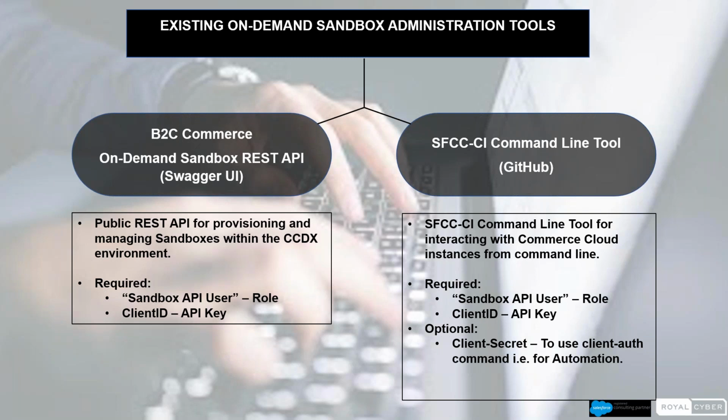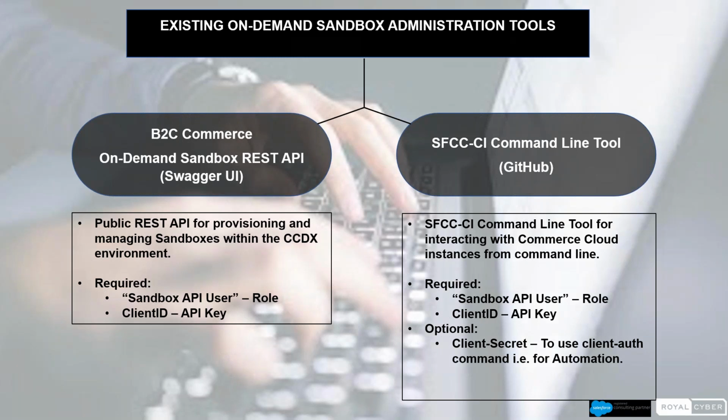It requires you to have the Sandbox API user role and the client ID or API key to log in. Once you are logged in, you should have some technical expertise or background to execute those commands, to create, update, delete sandboxes, see your credits, and perform all those operations. So these are the two existing administration tools.